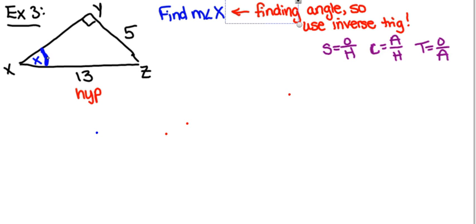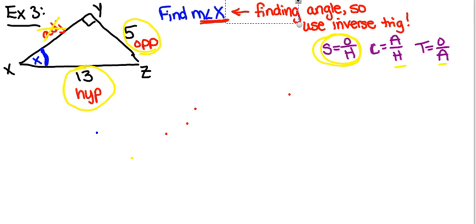My opposite is going to be the side opposite the angle that I'm trying to find. So opposite is going to be 5, which means my adjacent is going to be side XY. So in this question, I've got hypotenuse, I've got opposite. I need to go find the trig function that deals with opposite and hypotenuse.